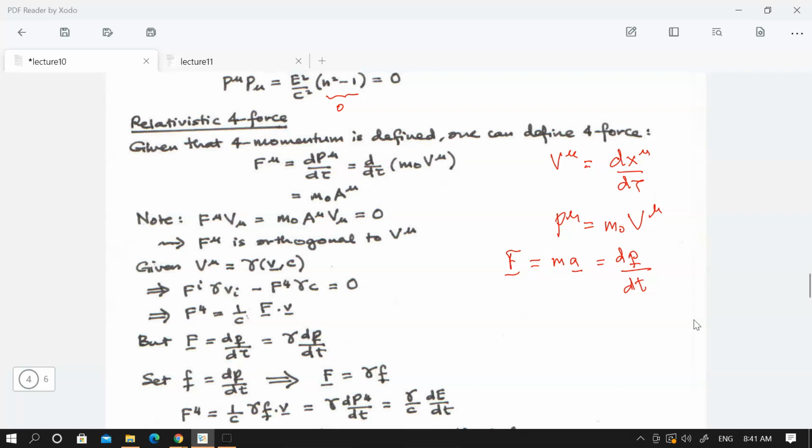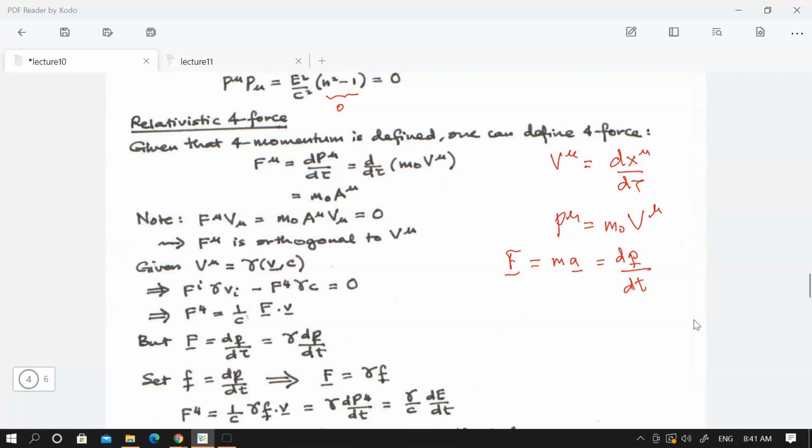By this form of the equation of motion, one tries to define the four-dimensional version of force as dp mu d tau.